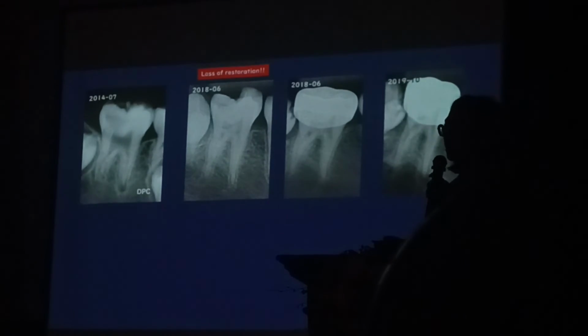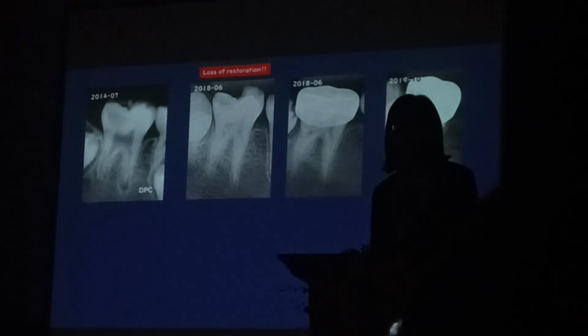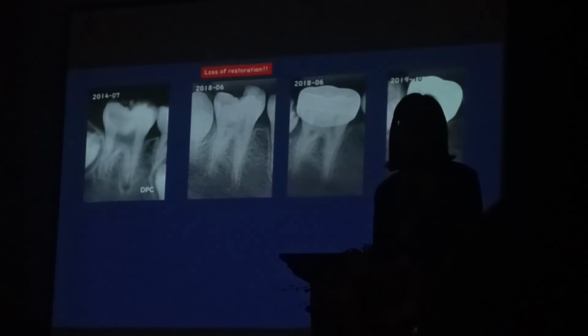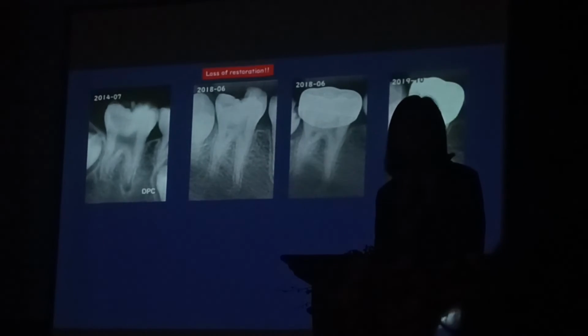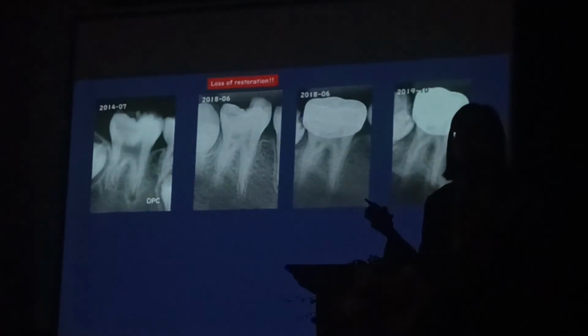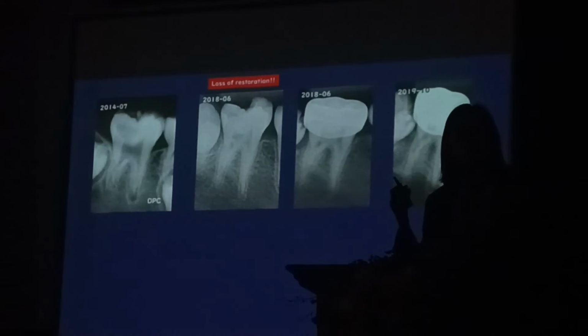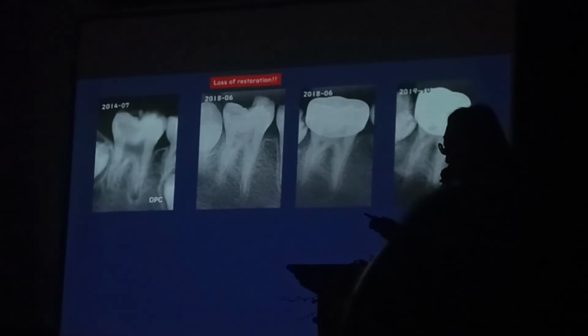And the patient came back again. Look at that, there's a periapical lesion. But with the sensitivity test and also direct evaluation, she has a positive cold test. We got in there, and we still see the vitality of the pulp.